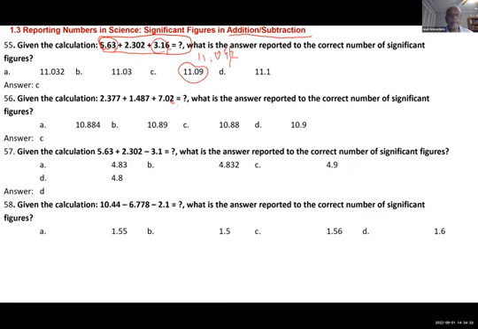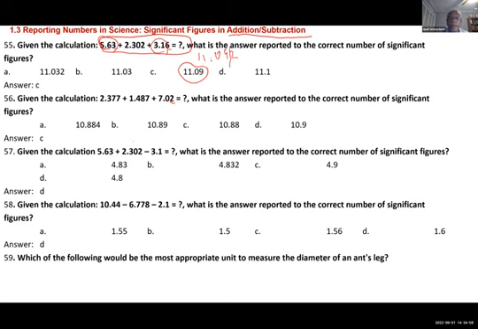This is addition and subtraction. It doesn't matter what you do in combination, addition, subtraction. You get the calculated answer and round it off to the lowest decimal place of the numbers you're adding, so many numbers.